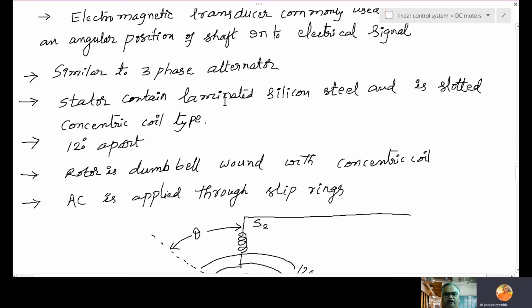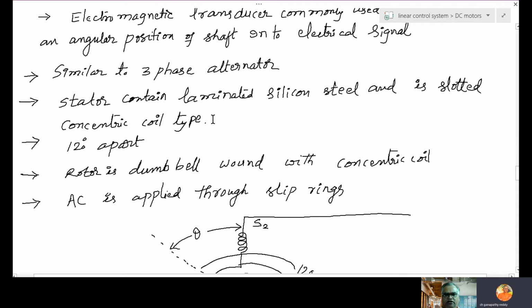Stator contains laminated silicon steel and is slotted, concentric coil type. This is the manufacturing detail of the stator: laminations, small sheets, laminated silicon steel, slotted, concentric coil type. Don't worry much about these things.